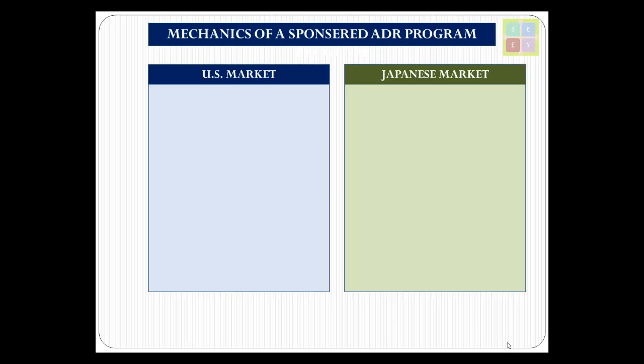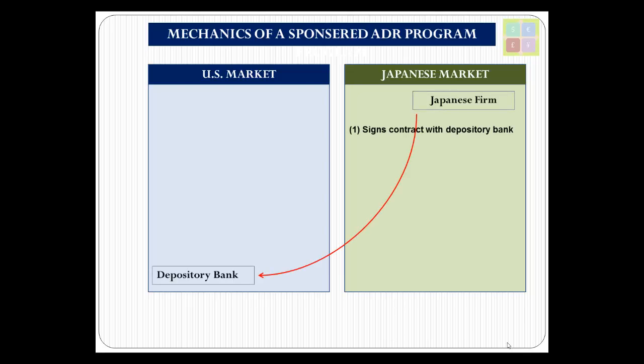So let's take a look at an example of the process of how sponsored ADRs are created. On the left, we have the United States market, and on the right, we have the Japanese market. The Japanese firm decides that it wants to have its ADRs created. So in step one, the Japanese firm is going to sign a contract with the depository bank in the United States.